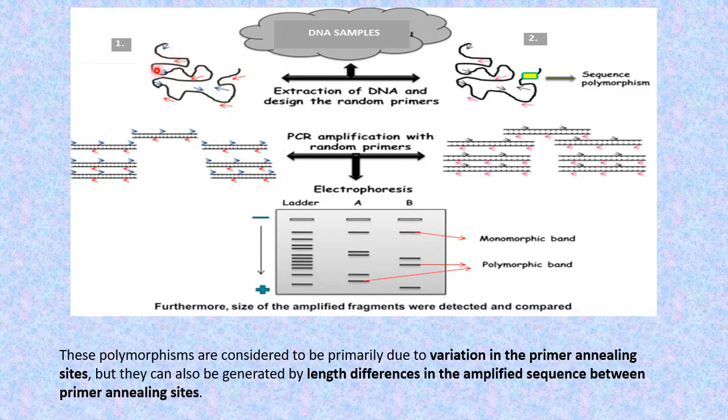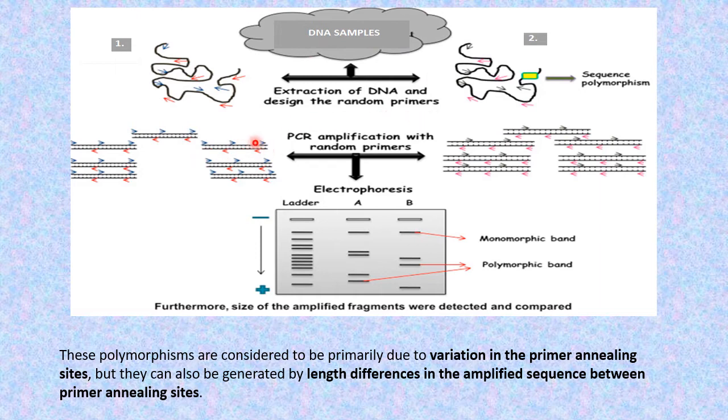So if we look at the entire process in a single view, here are the genomes from two individuals, and these DNA samples are incubated with random primers.